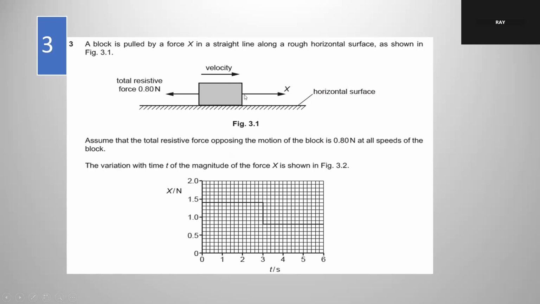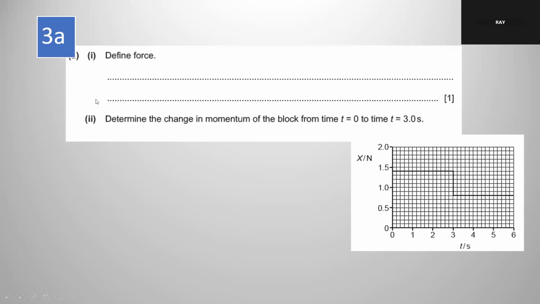So the x value is greater than this resistive force. So this part you must straight away know is acceleration, and this 0.8 is uniform velocity. Anytime you may cut off.